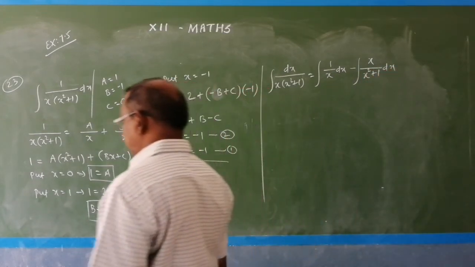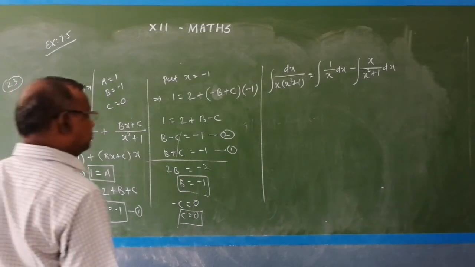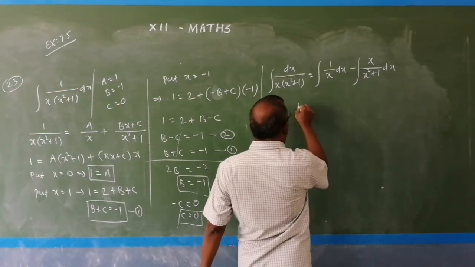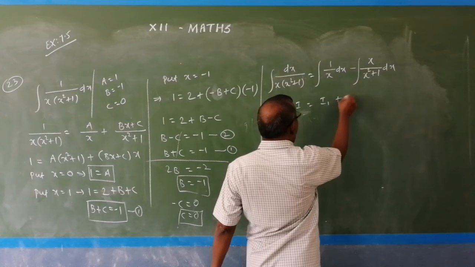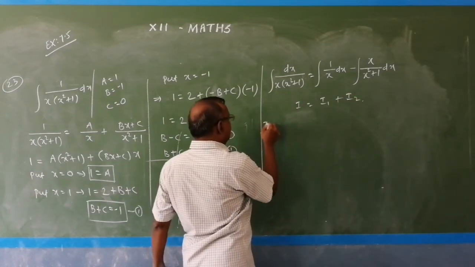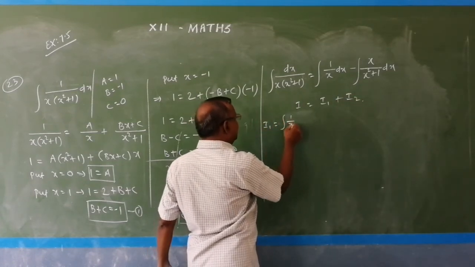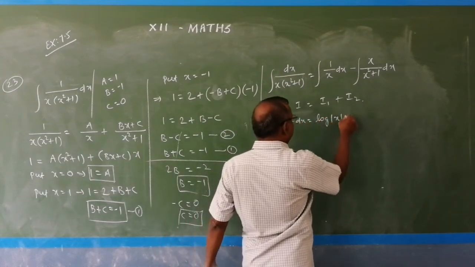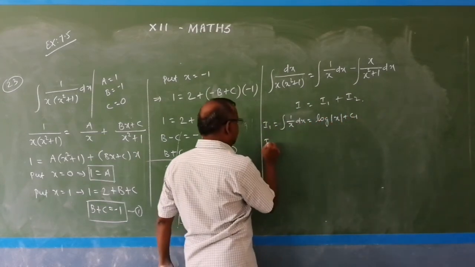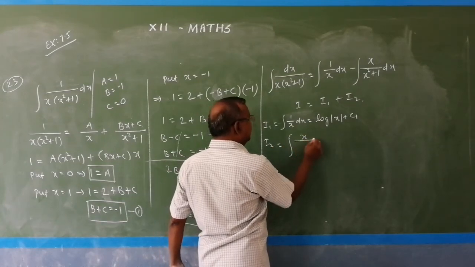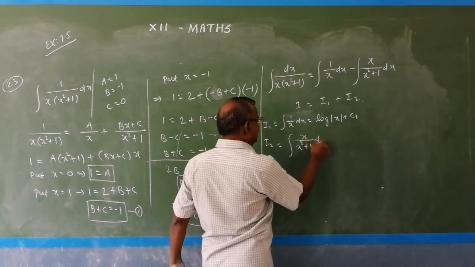Now, let I equal to I1 plus I2. First, I1 equal to integral 1 by x into dx equal to log of modulus of x plus c1, and I2 equal to integral x divided by x square plus 1 into dx.